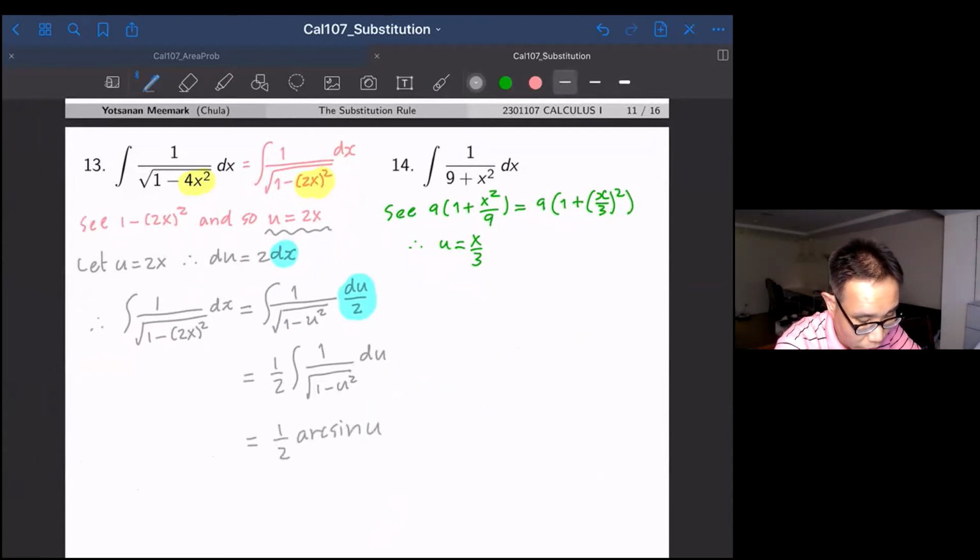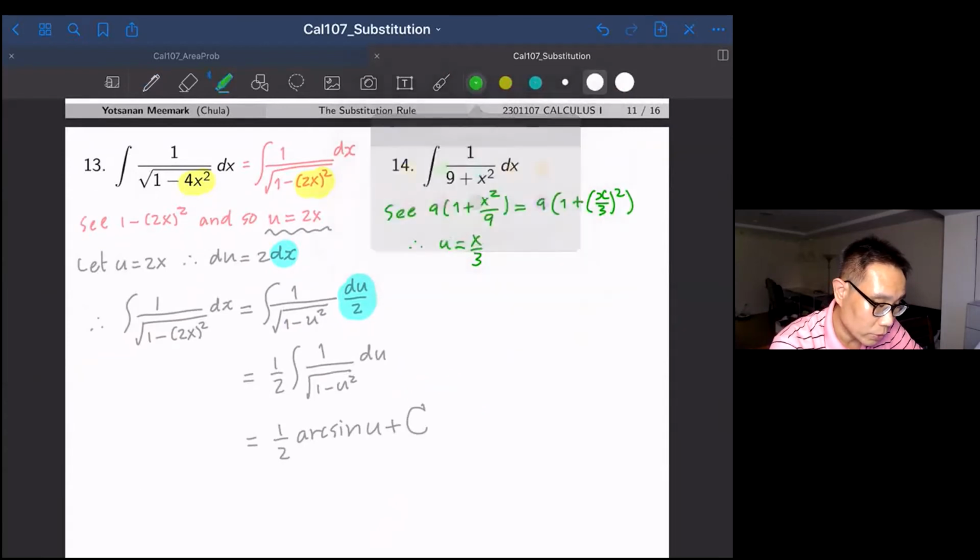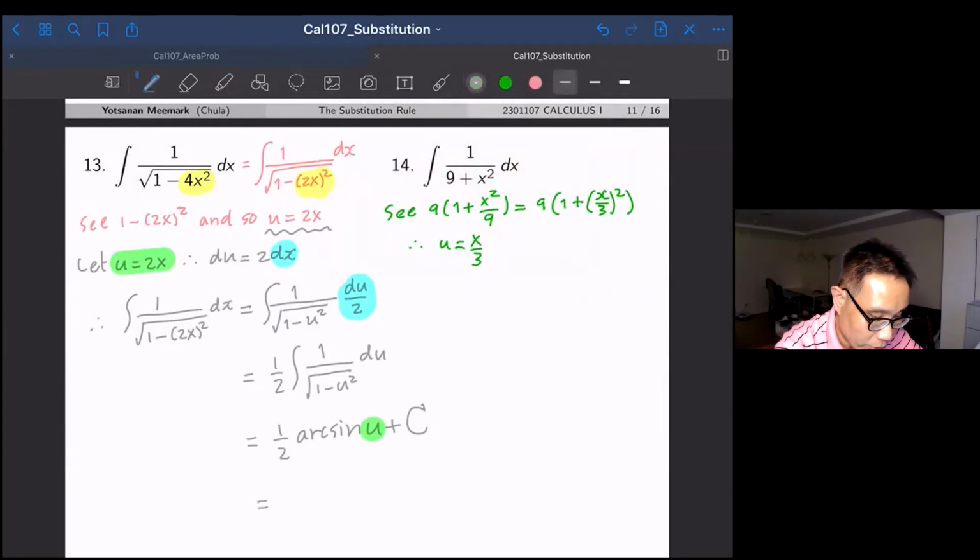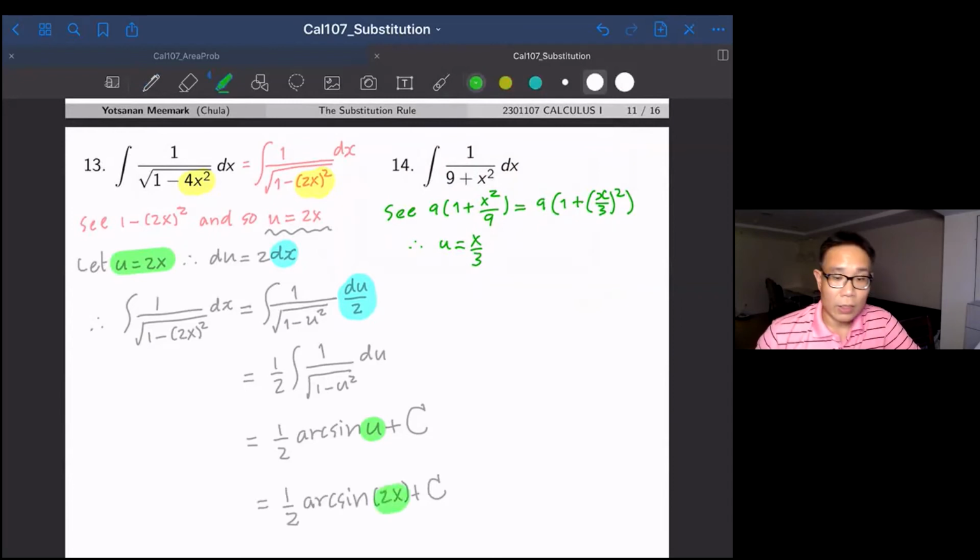It's going to be easy. And what is u? u is equal to 2x. So it's going to be 1/2 arcsine 2x plus c. This will be the key idea for this one.